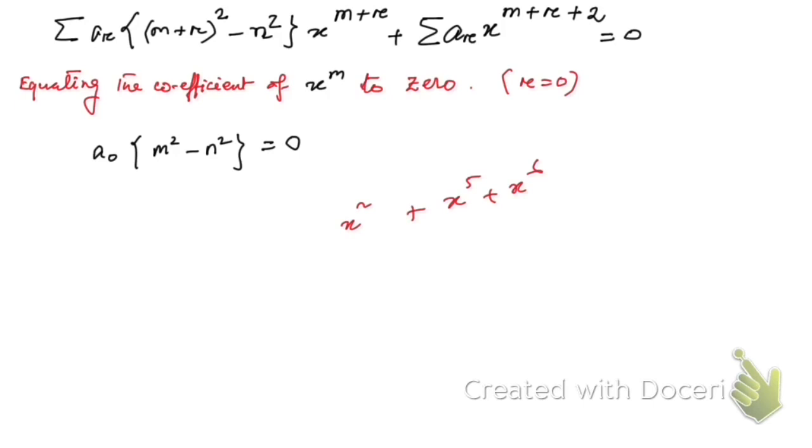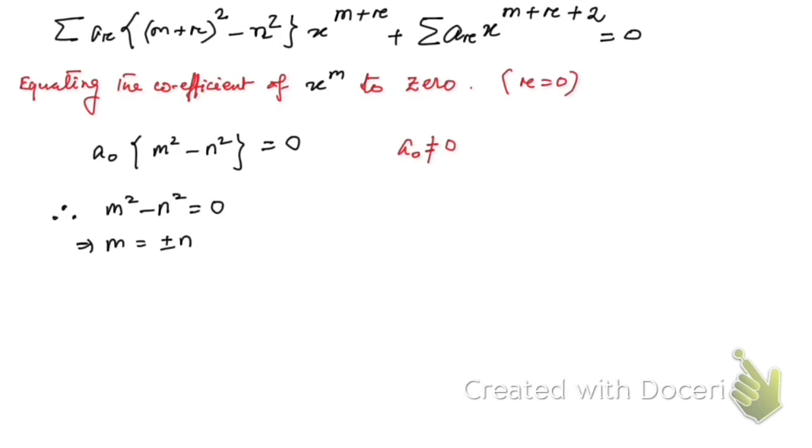So let me consider that way. Here a naught is not equal to 0, so therefore we can write that m square minus n square is equal to 0, and that implies m is equal to plus or minus n, right? We will get this.